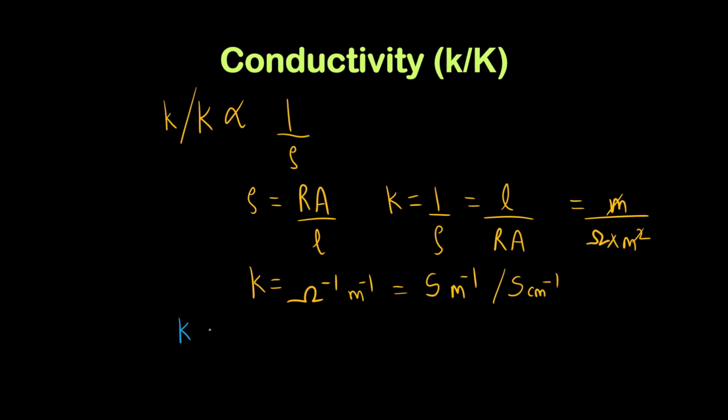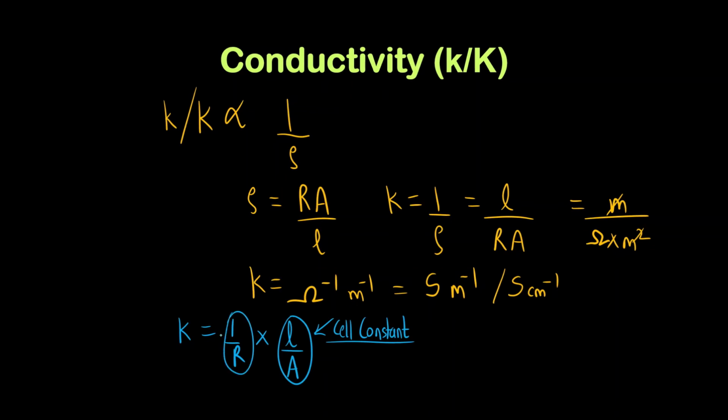How, we will see again in electrochemistry, but let us see here also how we can modify. Now L by R A, I can write as 1 by R into L by A. This L by A is called cell constant. We will see in electrochemistry as well what is the meaning of cell constant.